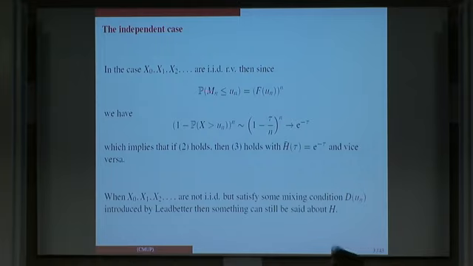In the IID case, saying that the maximum is less than this threshold un is saying that all the random variables from X0 up to Xn minus 1 are less than un. And of course, if they are independent, then one gets the distribution function of one of them raised to the power n. Then instead of writing F of un, you write 1 minus the probability of exceeding un, and this is raised to the power n.